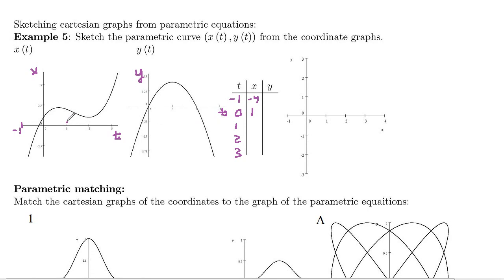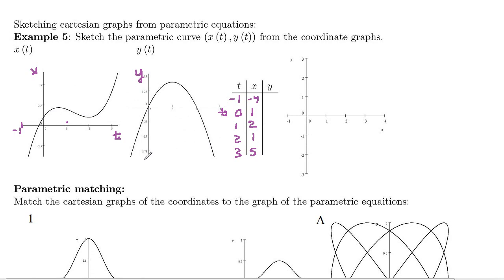When t is 1, go up and over, x is about 2. When t is 2, go up and over, we're at about height 1 again. When t is 3, go up and over, we're about height 5.